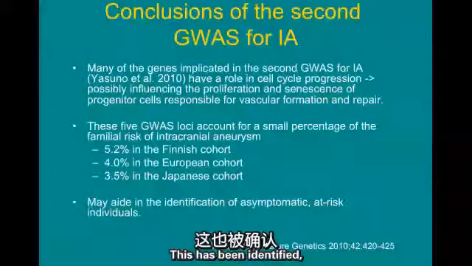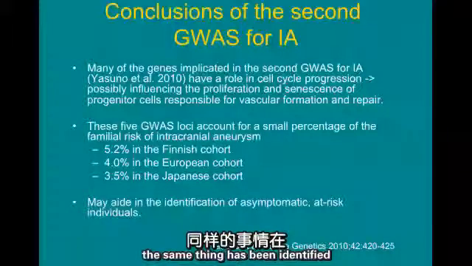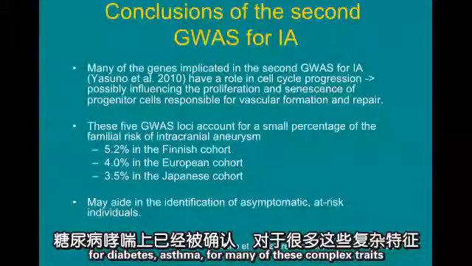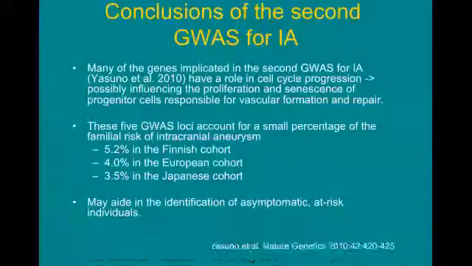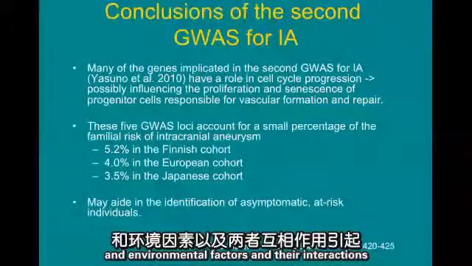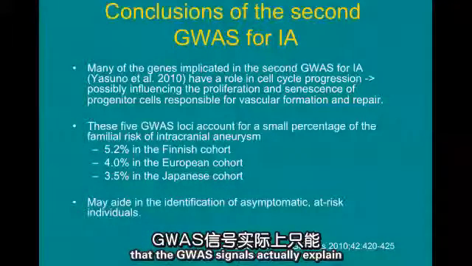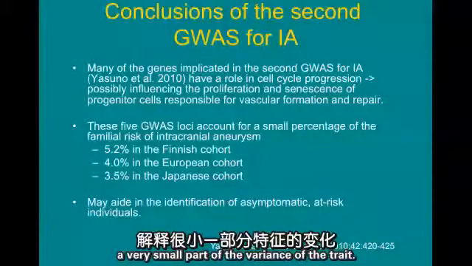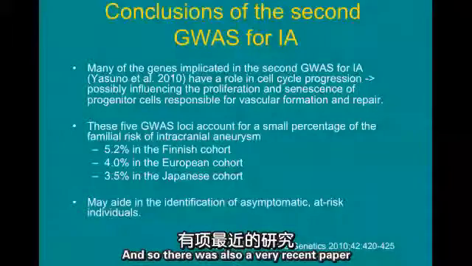The same thing has been identified for diabetes, asthma, and many of these complex traits that are caused by multiple genes and environmental factors and their interactions: the GWAS signals actually explain a very small part of the variance of the trait.